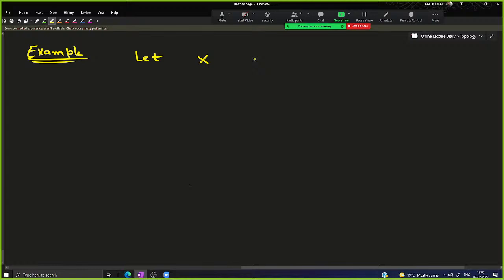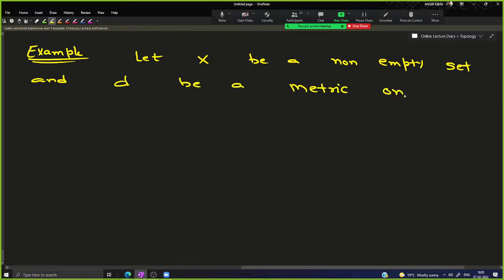Let X be a non-empty set and D be a metric on X, full stop.